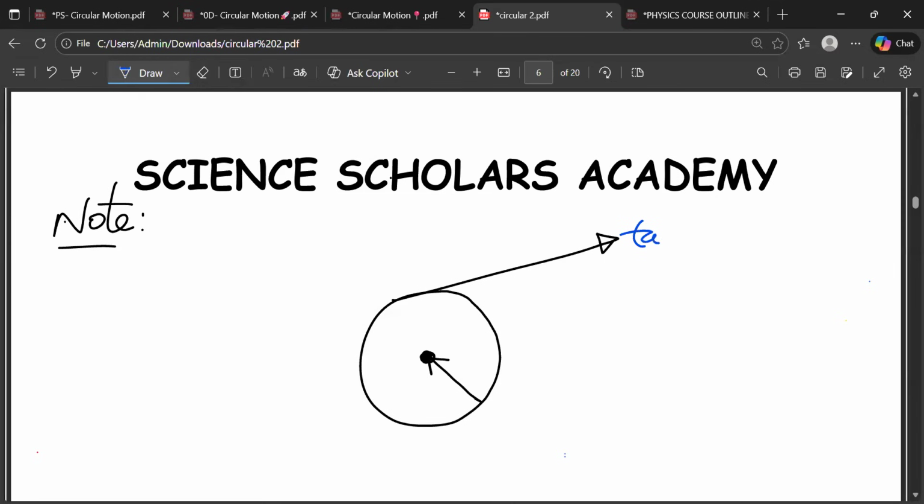This is tangential. Then this is radial. You know that radial means towards the center.